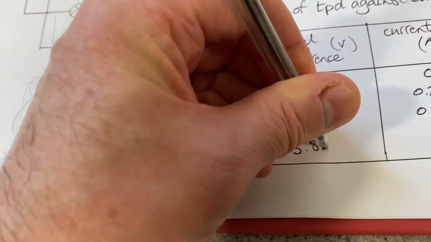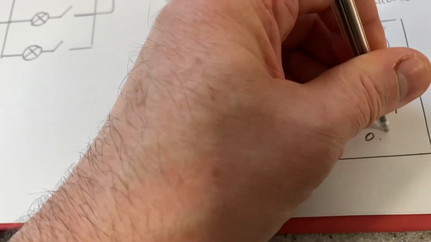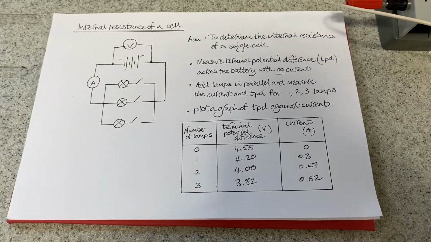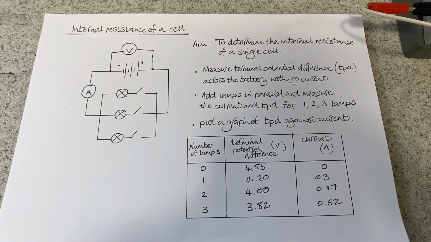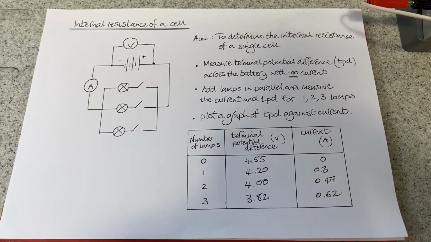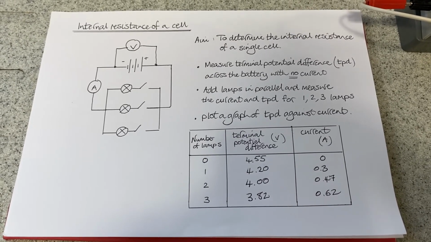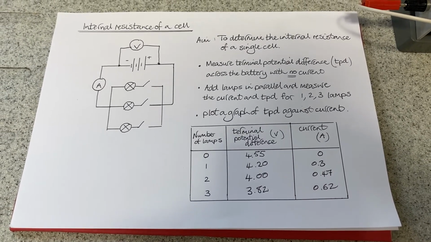So 3.82 and 0.62. That's our results. I'm going to have a little look at them on a graph. And as I say, from the graph, we will get the maximum current available from the cells and the internal resistance of a single cell. See you in a mo.